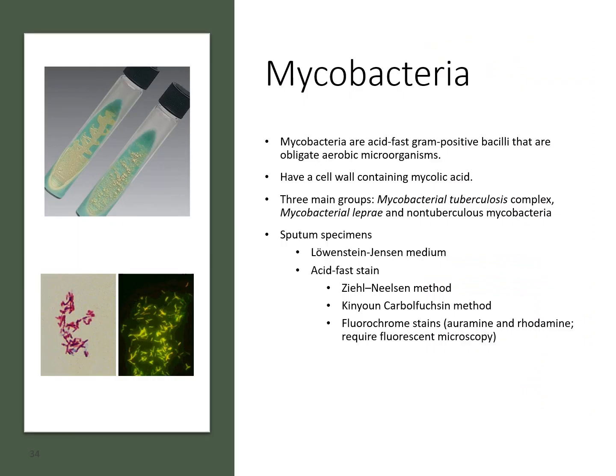The mycobacteria are acid-fast gram-positive bacilli that are obligate aerobic microorganisms. So these are a little bit different than the other bacteria. They have a cell wall that contains mycolic acid.